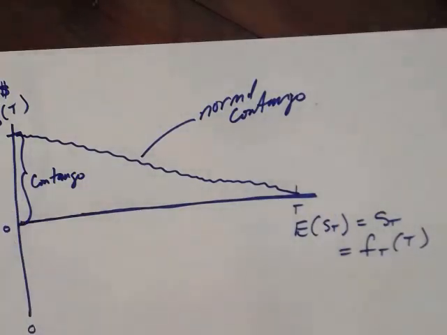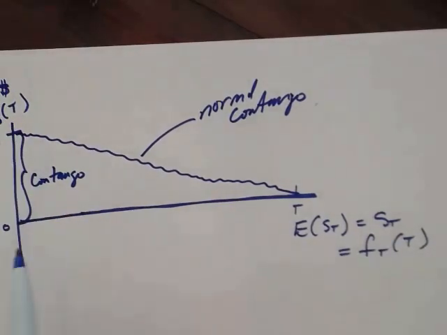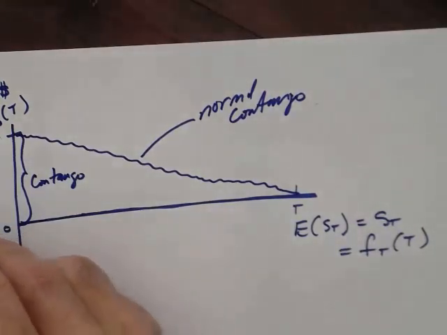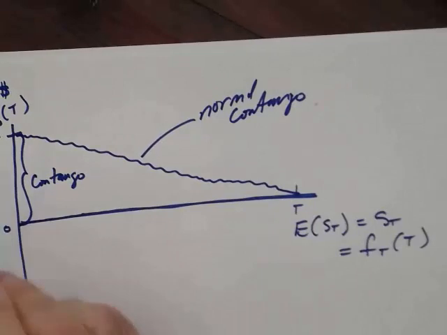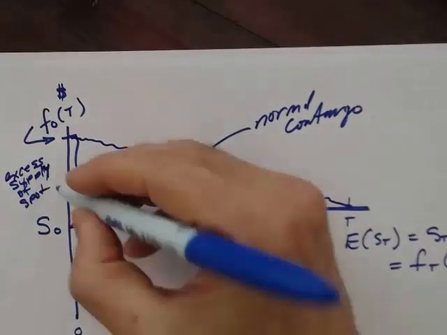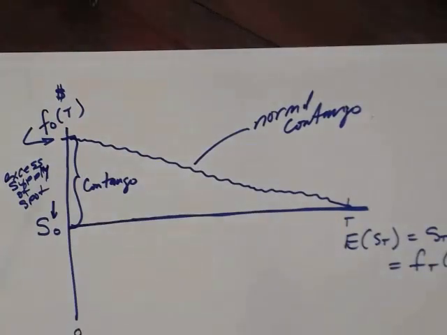Okay? And so how do you interpret this? Well, besides just saying that there are hedgers that are long and pushing these futures prices up, some people look at this and say that what this means is that there's excess supply of the spot, and that excess supply of the spot has pushed downward the spot price.